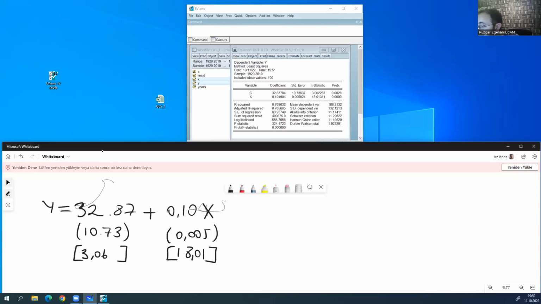So how can we understand whether these are statistically significant? We have a null hypothesis and an alternative hypothesis for the values. The null says b is equal to 0, which means b is statistically insignificant, and the alternative says b is different from 0, which means b is statistically significant. What do you find? You find 0.10. So this one says b is different from 0, and 0.10 is different from 0.